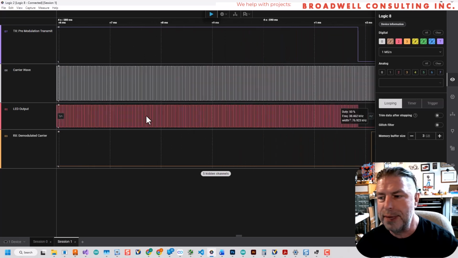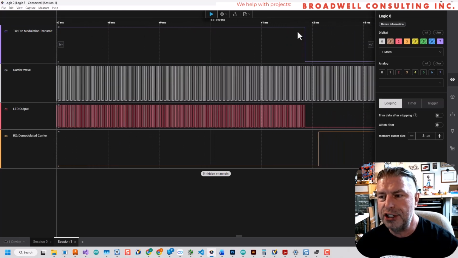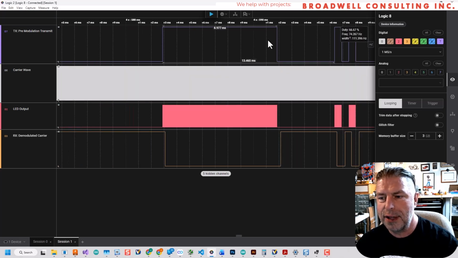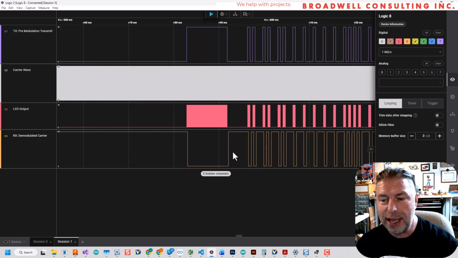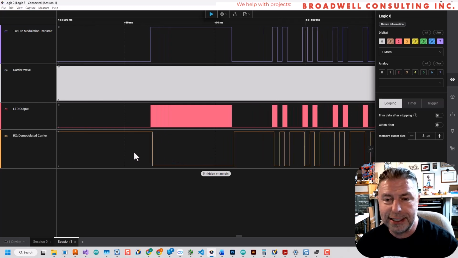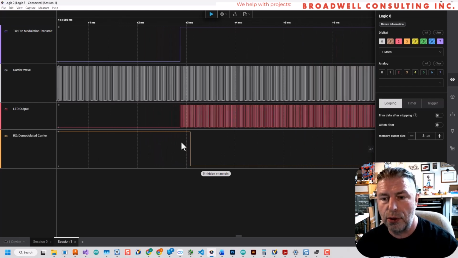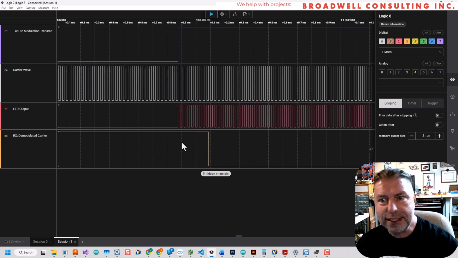So this is what our LED output looks like. You can see if we zoom in, it is the combination of the carrier signal and the higher level logic protocol signal. And then that goes out and it's detected by the demodulator chip, and that's fed back in to pin number 3 on the Serial Wombat chip. And we can see it's interesting, there's actually a little bit of delay.